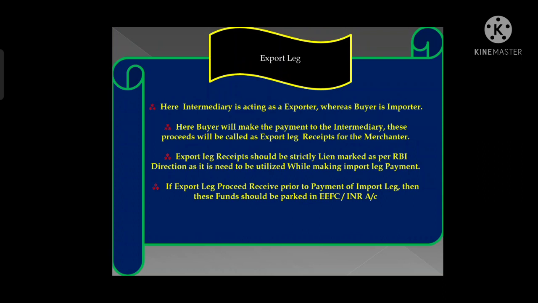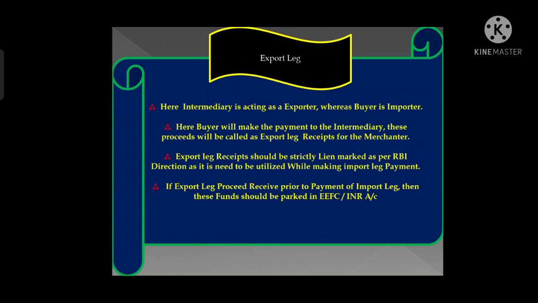The buyer makes the payment to the intermediary against the imported goods. For the intermediary it is export and for the buyer it is import. So when the buyer pays the intermediary, it is an export payment received against the export, and it will be called the export leg receipt for the merchant trader, right?